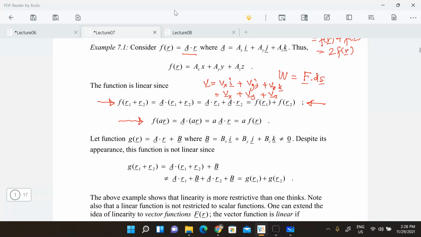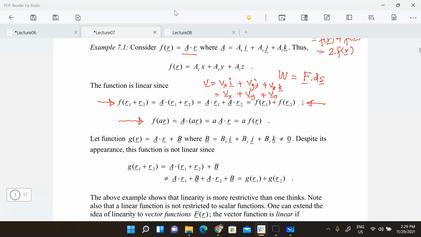An example is this: g(r) equals a dot r, which is similar to the one above, but then you have an addition of this constant vector b. Now, what happens in this particular case if I were to write down g(r1 plus r2)? By definition of this function, it's going to be a dot (r1 plus r2) plus b.